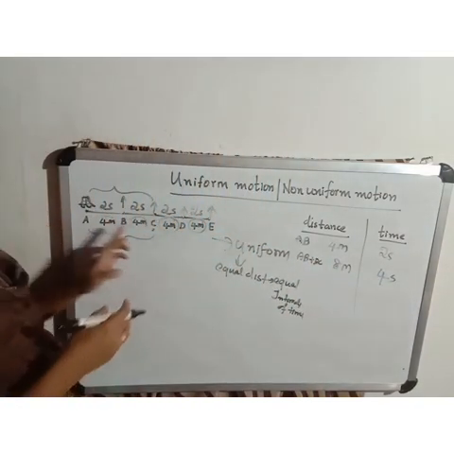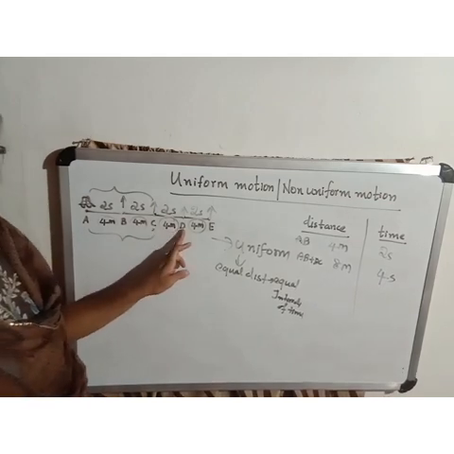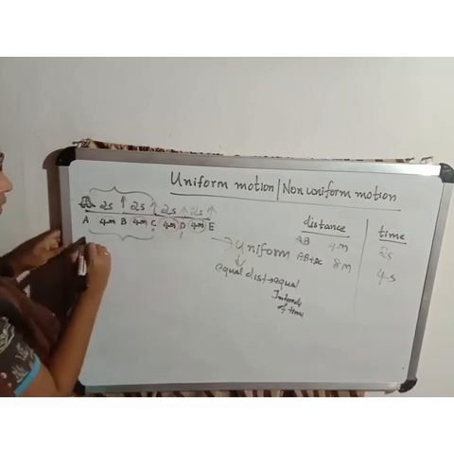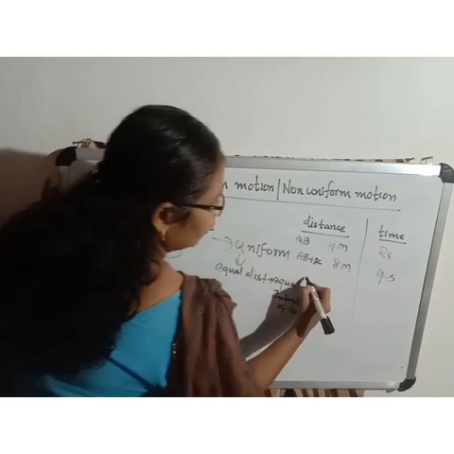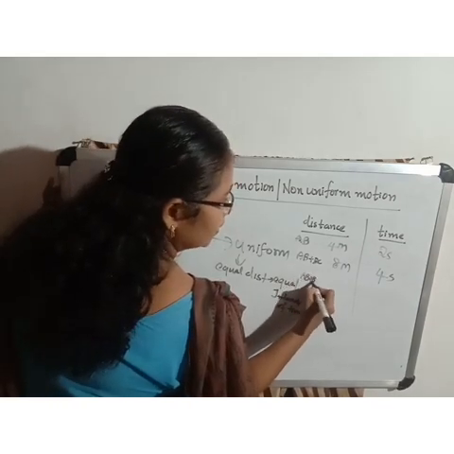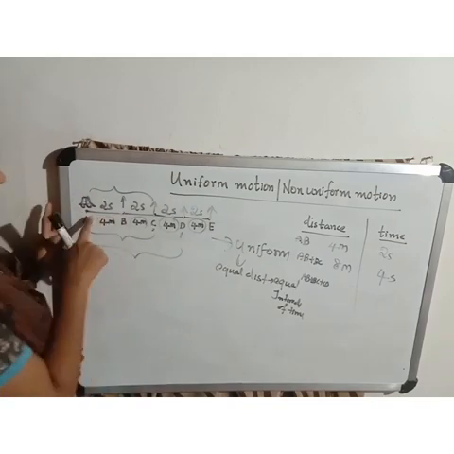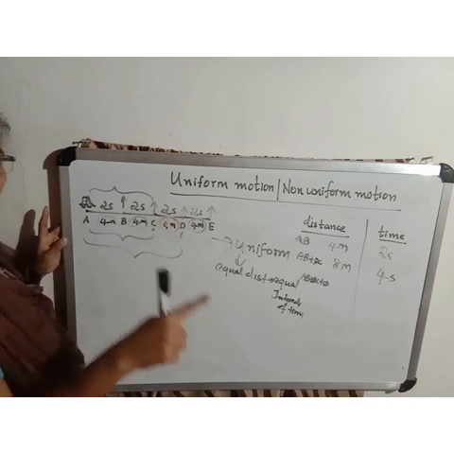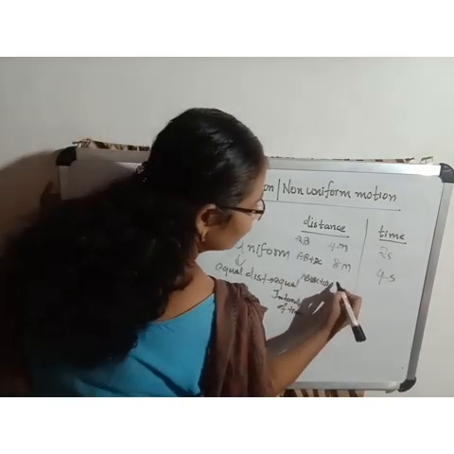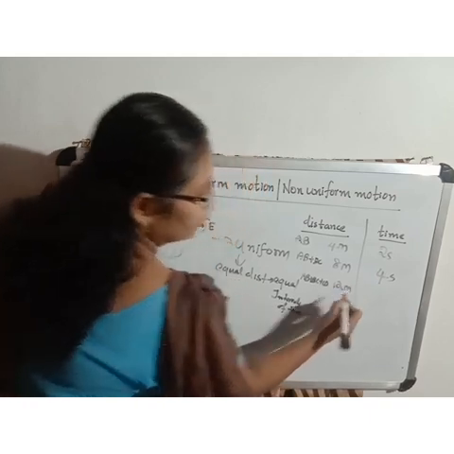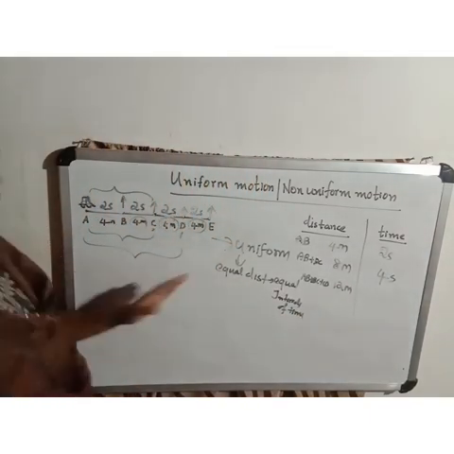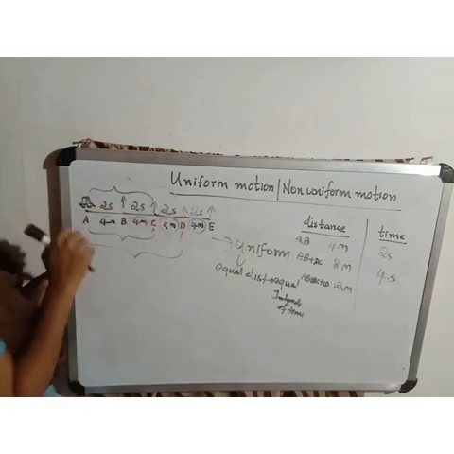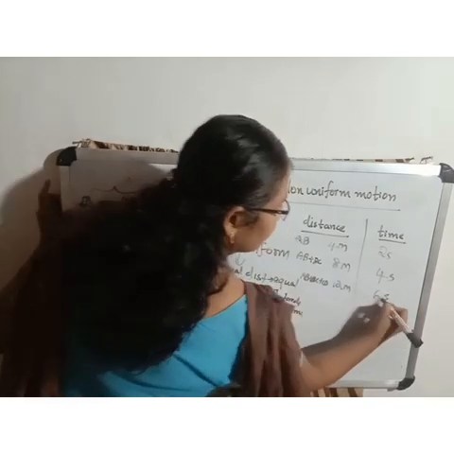Now at the next position the body is at D. So the total distance traveled will be AB plus BC plus CD, which is 4 plus 4 plus 4, which is 12 meters. Now again, how much time will it take? The total time will be 2 plus 2 plus 2 seconds, which is 6 seconds.